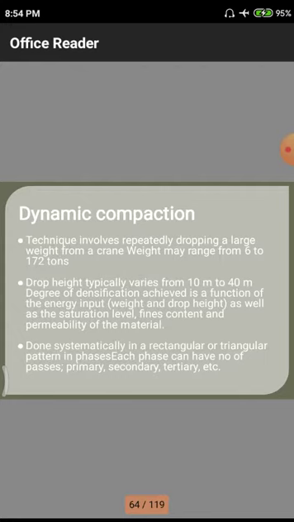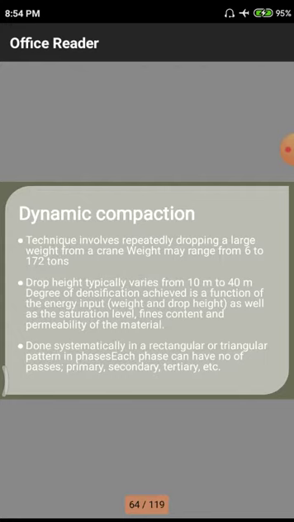The degree of densification achieved is a function of energy input as well as saturation level, fines content and permeability of the material. That means by continuously dropping these weights, we need to achieve some saturation level, up to a particular value.